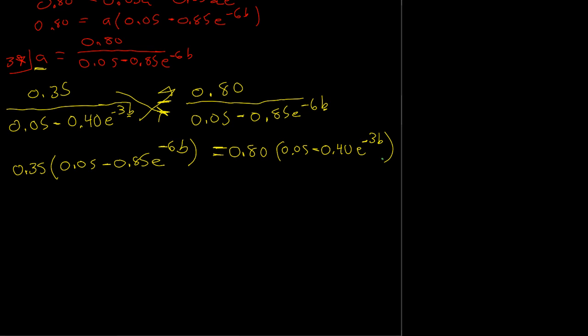All right, we're going to distribute, and then we're going to get everything to one side of the equation. We're going to set this equal to 0 so that we can use our factoring rules. But actually, I'm aiming for, well, you'll see what I'm aiming for.